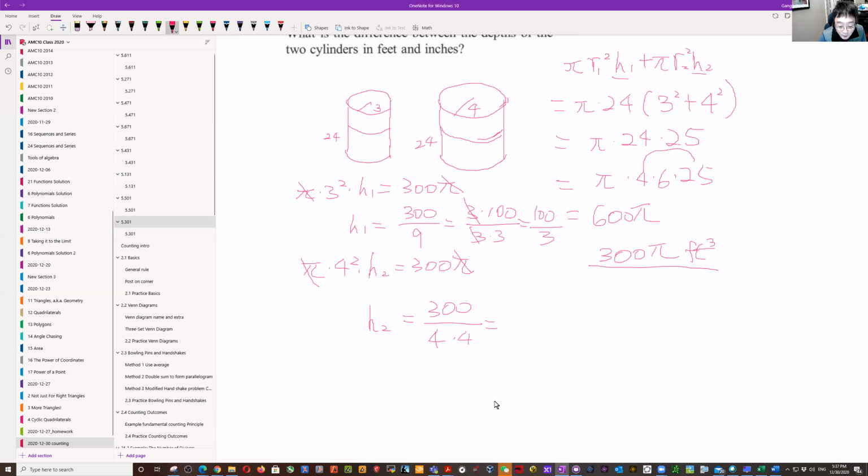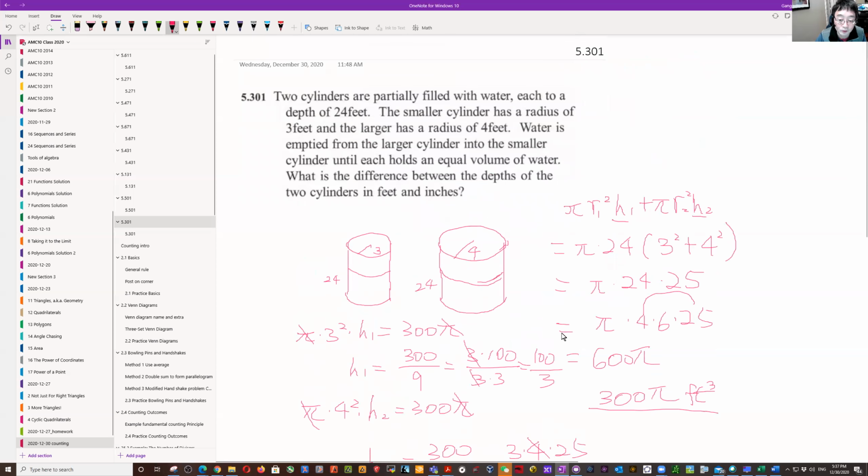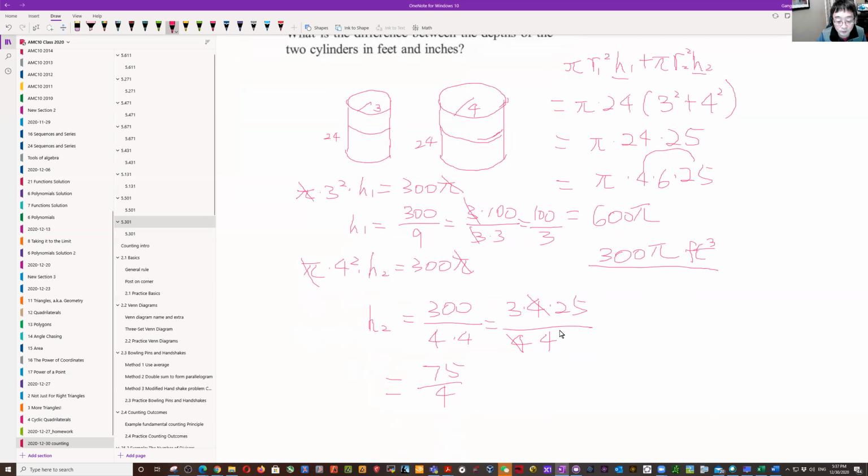On the top, we can easily factor out 3 times 4 times 25. So we cancel out one of the 4s. It's going to be 75. So 75 over 4. Calculating the height difference between those two cylinders is quite simple.